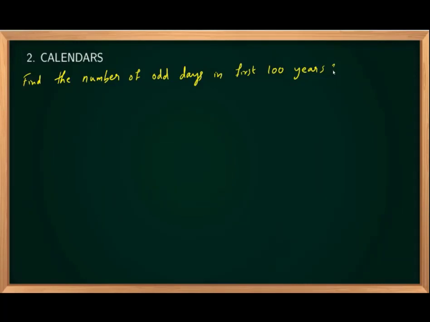Can you find it? Odd days is always the remainder when divided by 7, as I already told you, so the answer will be between 0 and 6.